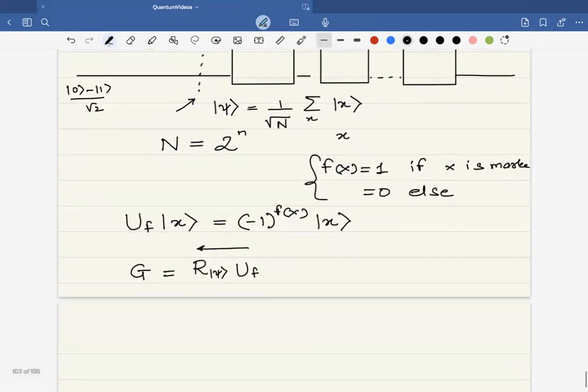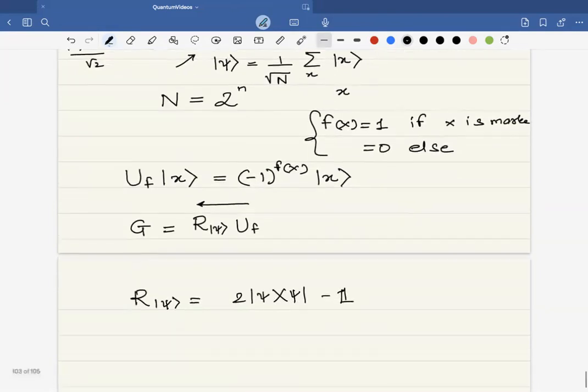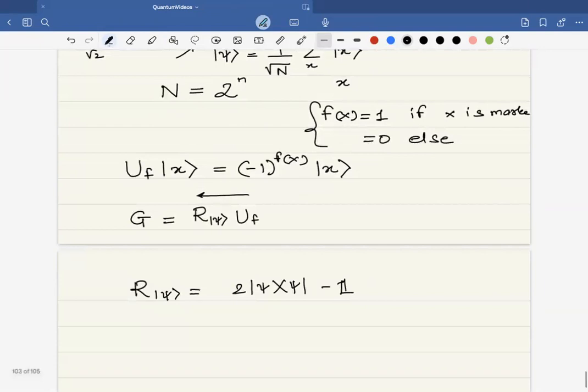And R of psi, so R psi is this operation 2 psi psi minus identity. And what does R of psi do? It actually reflects about the vector psi, where psi is this uniform superposition vector.